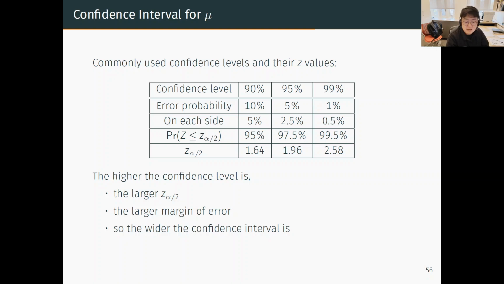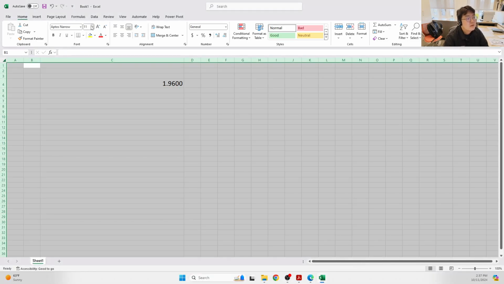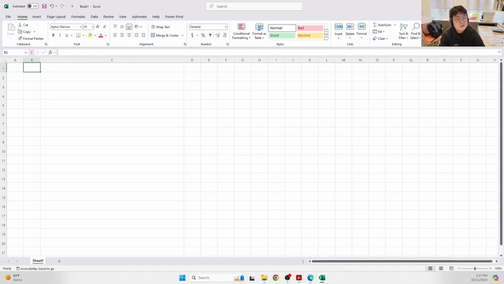Then on Excel, let me show you. First the confidence level, which is 90%, 0.9, and 95% or 99%.